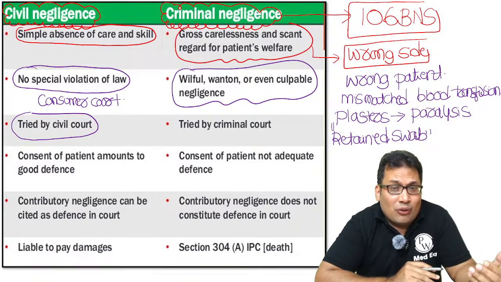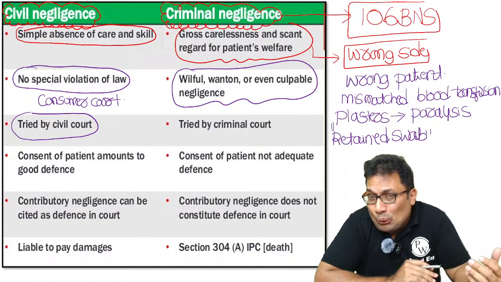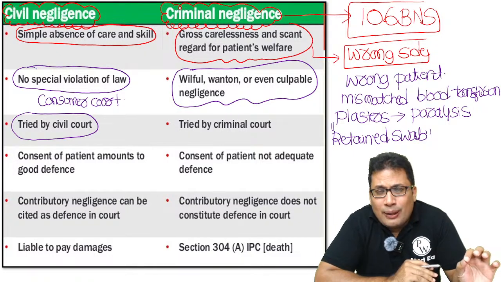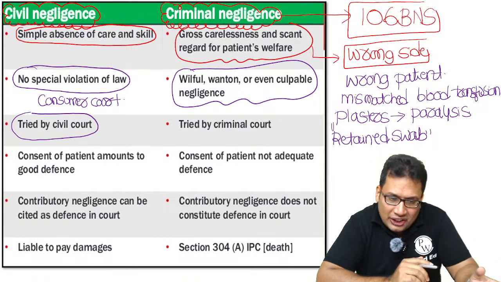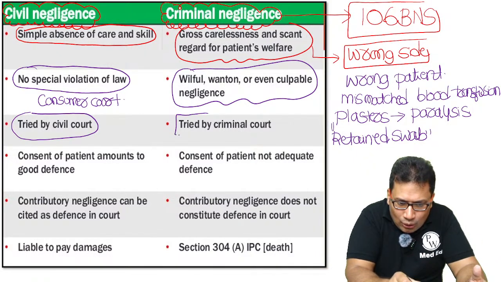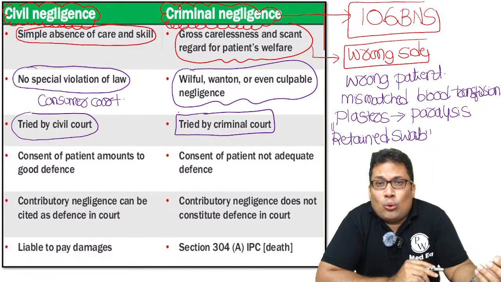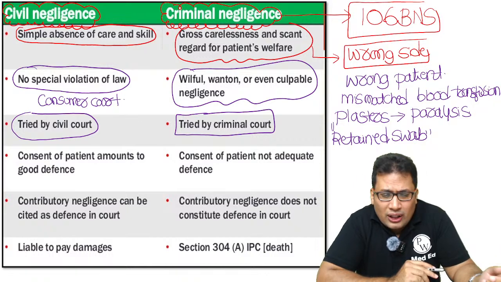There are cases where the compensation given was more than 5 crore, 6 crore, 10 crore, like that. So basically the punishment is monetary compensation. Tried by criminal court: criminal court can be session court, magistrate court, first class, second class, or high court.